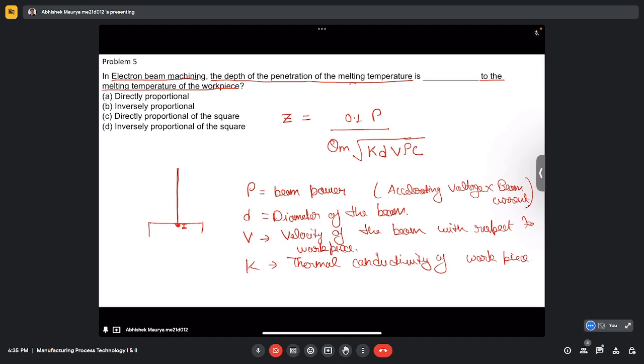And rho, this multiplication of rho c, it is the volume specific heat of the material, or the workpiece material. And theta m is the melting point or the melting temperature.